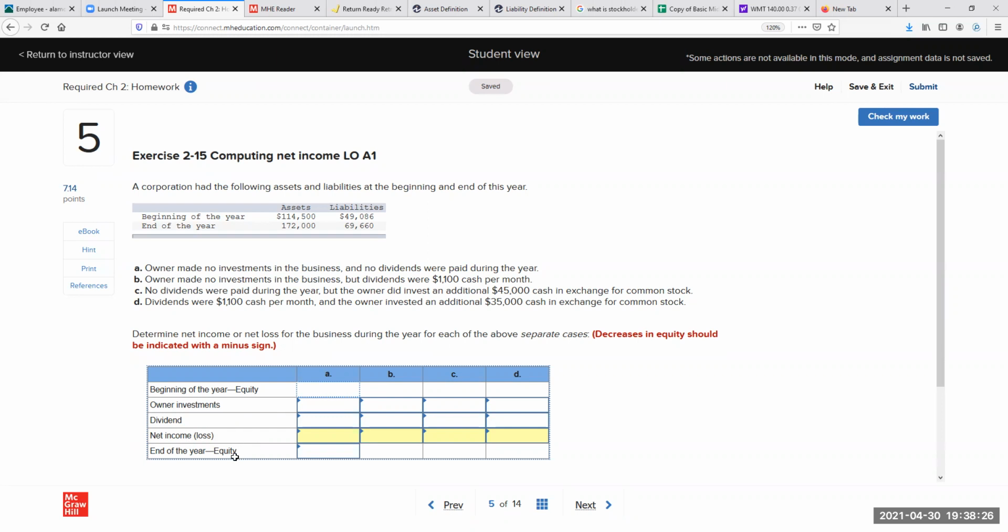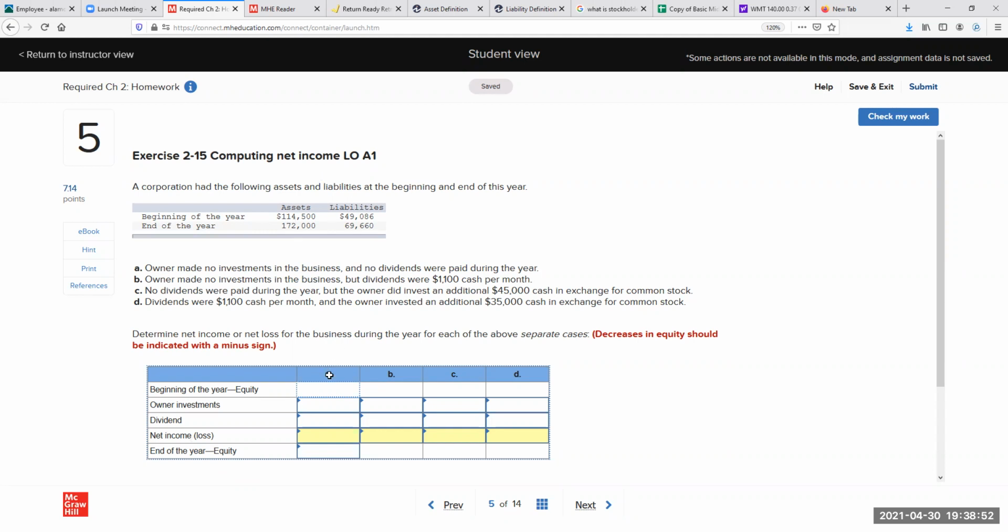So let's try one. At the beginning of the year, and this is hard here. This is a little hard because y'all aren't used to thinking of all these steps. And on top of that, they just tell us the assets at the beginning of the year are 114.5 minus the liabilities 49,086.